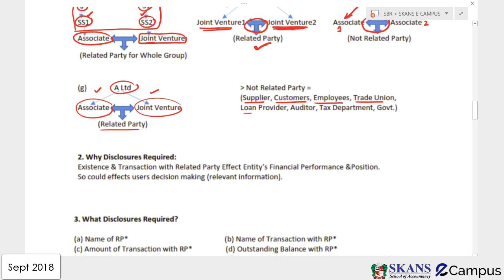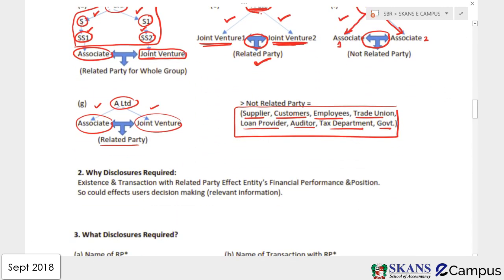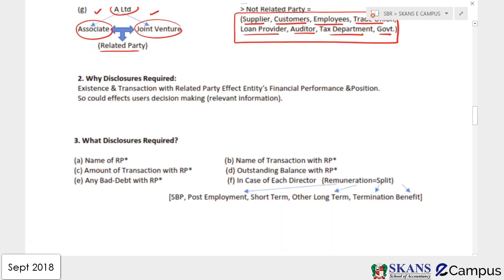Trade unions, loan providers, auditors, tax department, and government are not related parties. But yes, if any of your suppliers has a relationship, for example the supplier is also your parent, due to the parent subsidiary relationship it could be your related party, but due to the supplier customer relationship, these companies cannot be your related parties. So you should be particular about that.